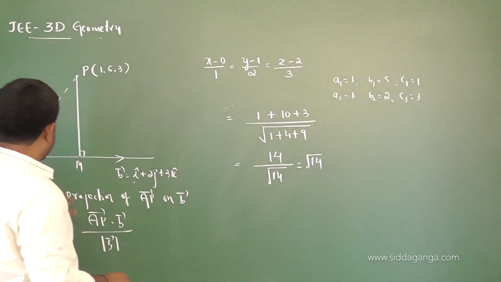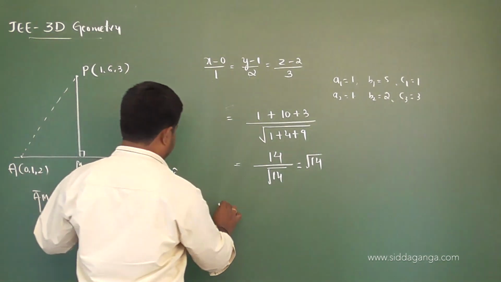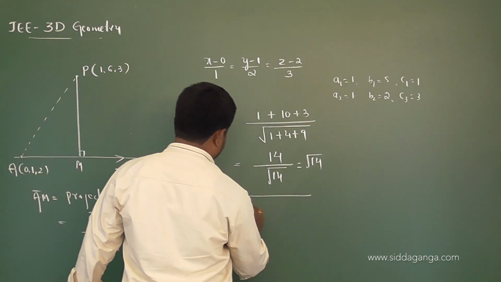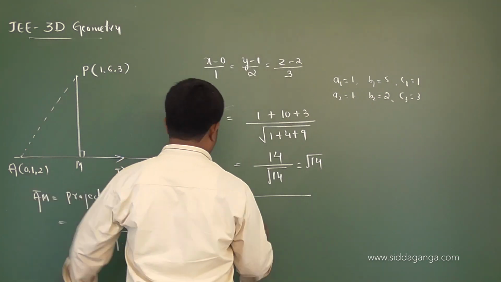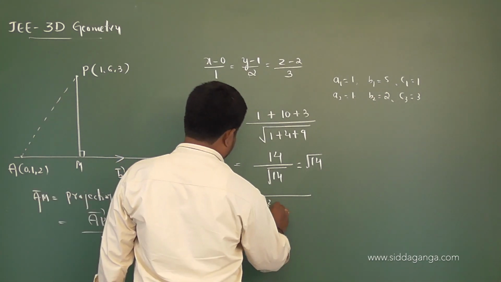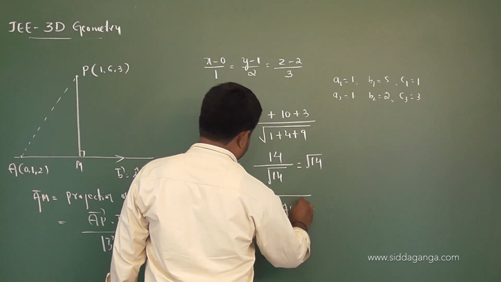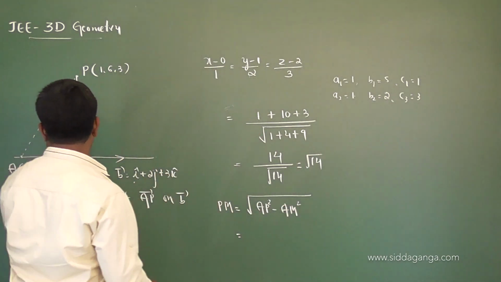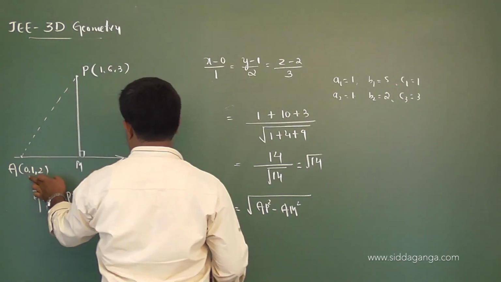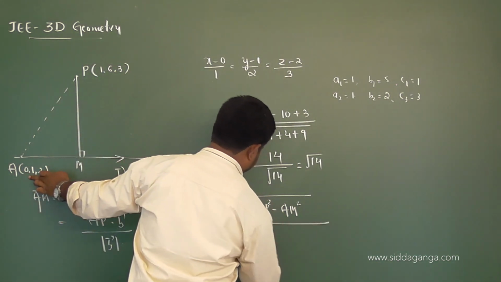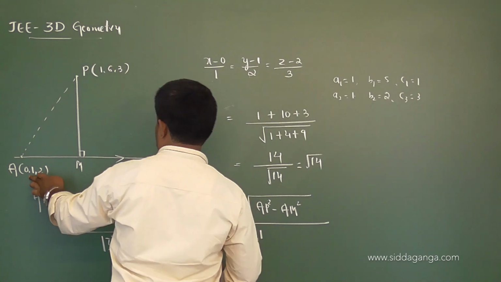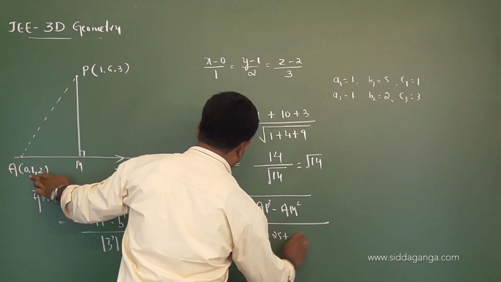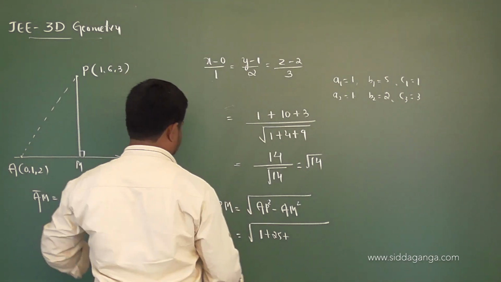Now from this I can find PM by using Pythagoras theorem. So, PM is equal to root of AP square minus AM square, right. So, what is AP square? AP square is X2 minus X1 whole square, that is 1 minus 0, 1 square, plus 6 minus 1, 5 square, plus 3 minus 2, that is 1 square.